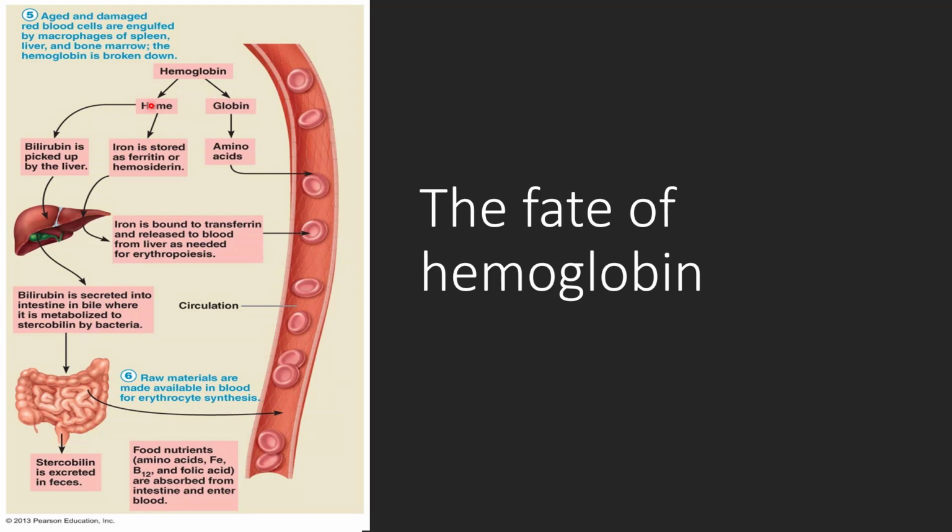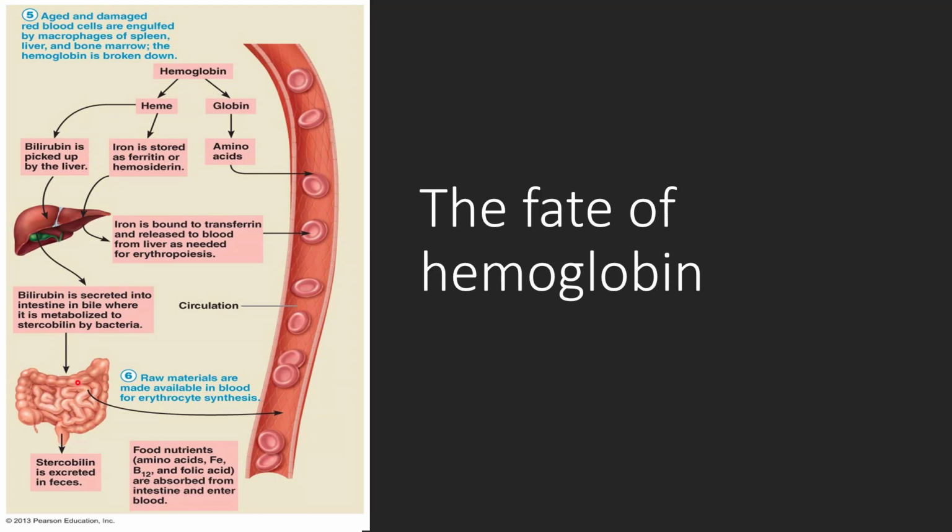Back up here to the heme, part of it was iron. We just saw what happens to that. The other part is bilirubin, and bilirubin is also moved into the liver. The liver takes the bilirubin and attaches it to some substances in the bile. And then the bile is secreted into the small intestines.